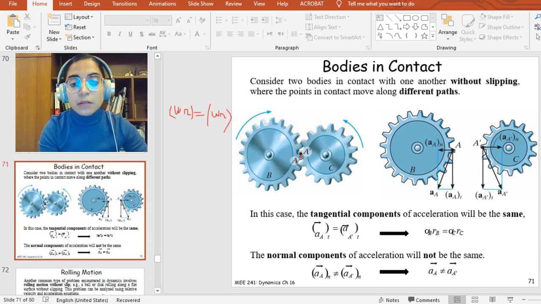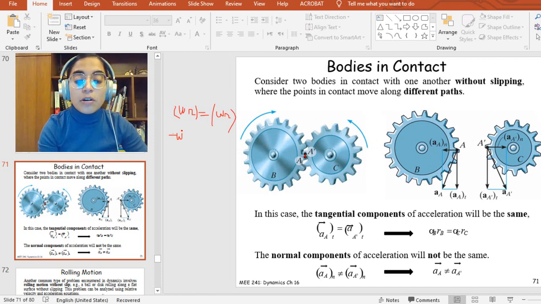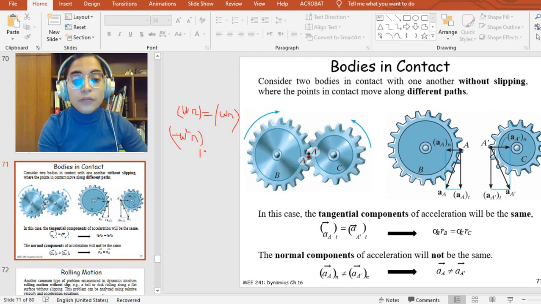So the velocity is equal to omega times r. And this means, guys, that if omega times r is equal to omega times r, then minus omega squared times r for the first gear will be different than minus omega squared times r for the second gear.